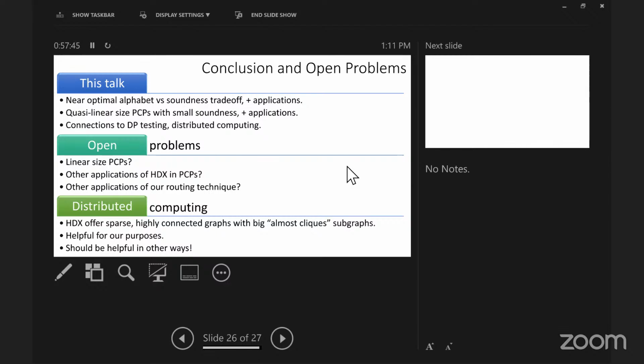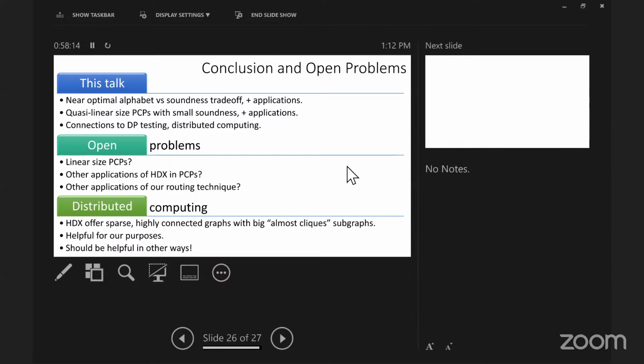The general philosophy is that, as far as I see it right now, what HDX are able to offer you is some very sparse structure, which nevertheless is highly connected. So far the same could be said about regular expander graphs, and it's true. But in one word, what HDX buys you is that it has very large cliques, which is the best connection you can hope for.